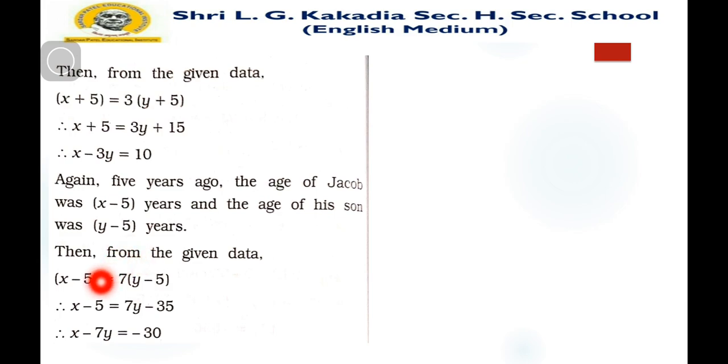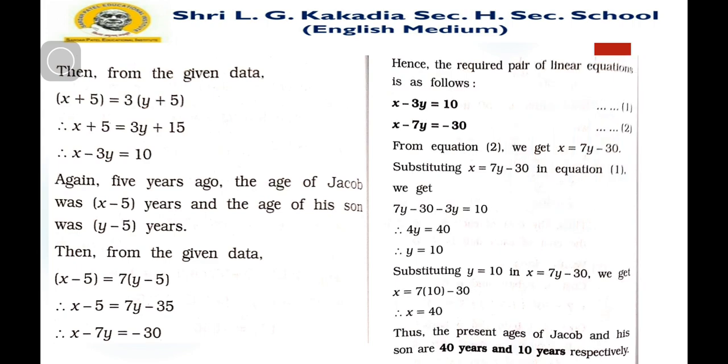Then we get x minus 7y is equal to minus 30. So it is equation number 1 and equation number 2. So hence the required pair of linear equations is as follows: x minus 3y is equal to 10 and x minus 7y is equal to minus 30.